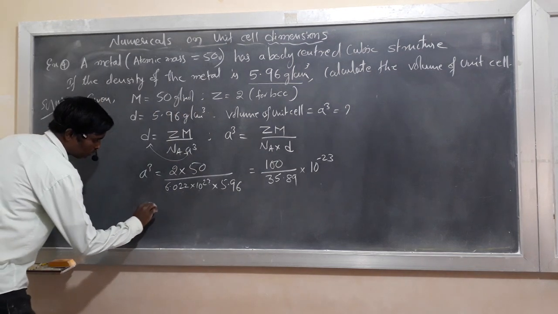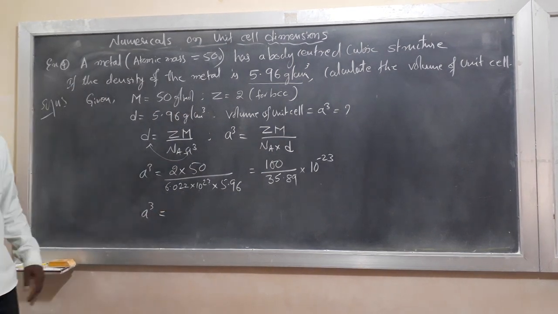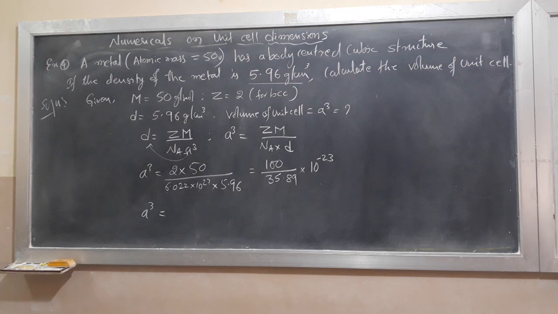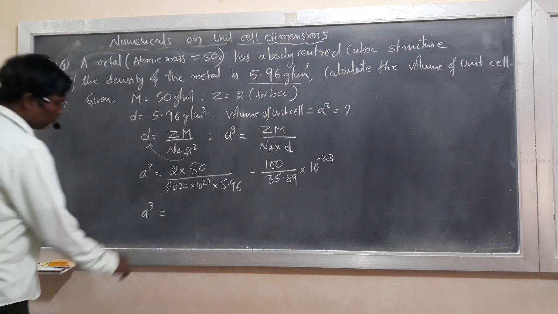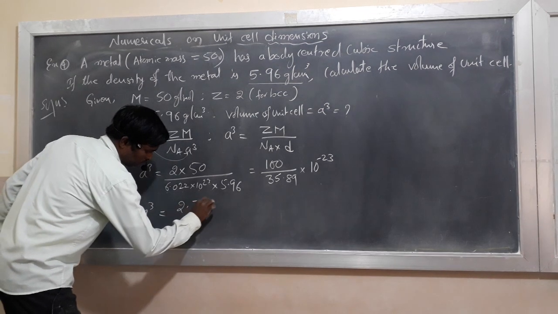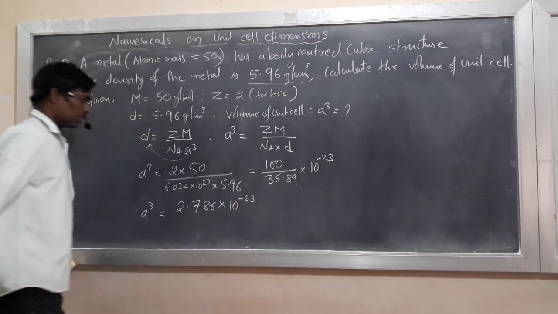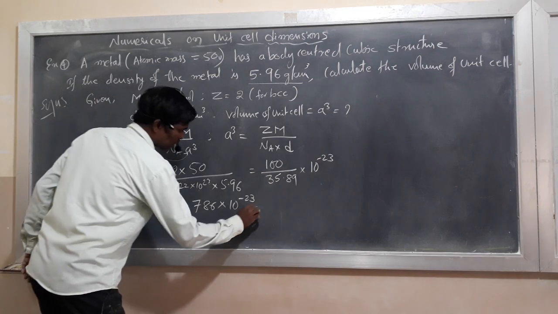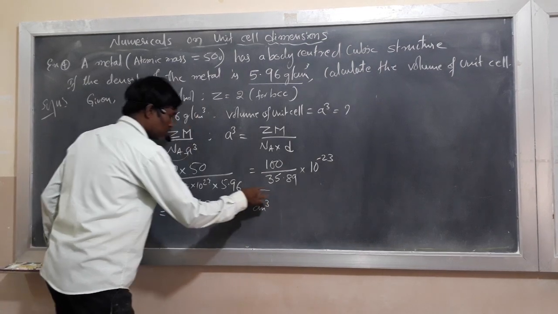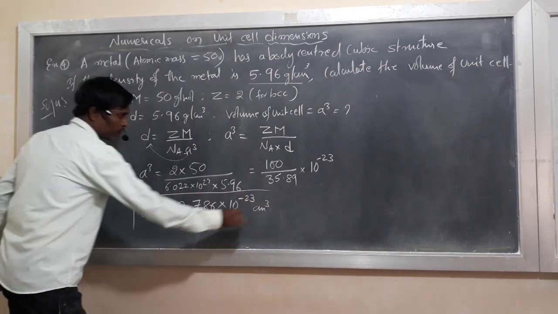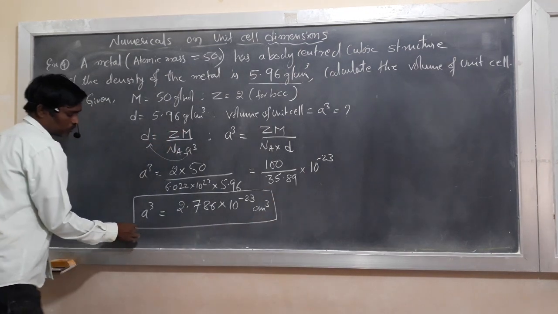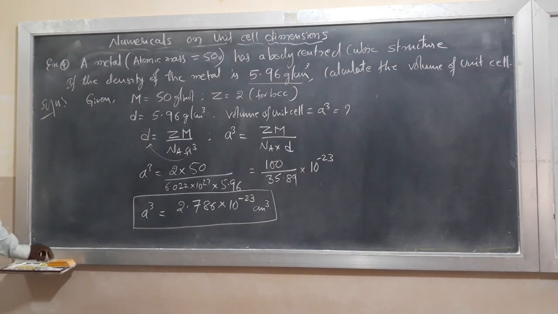Now a cube is equal to 100 divided by 35.89, so you will get the answer 2.786 into 10 raised to minus 23 centimeter cube, which is the volume of the unit cell.